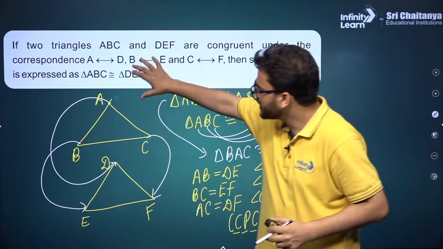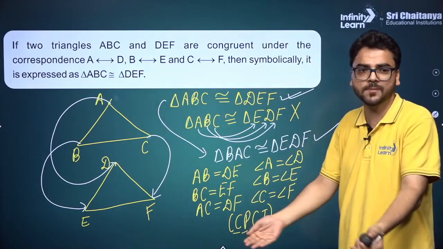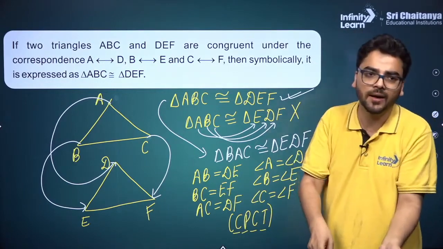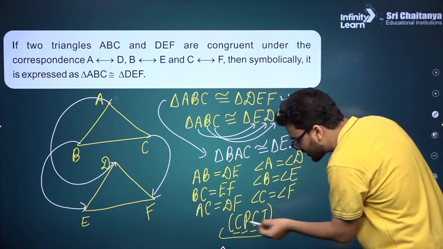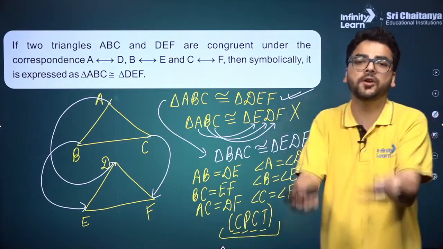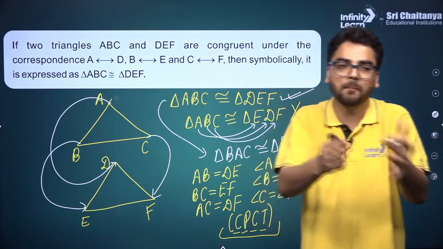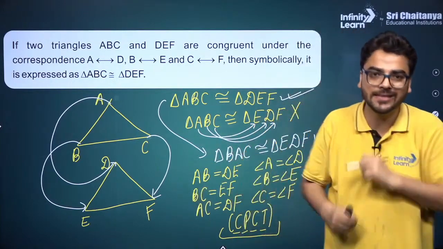If two triangles are given to be congruent, then corresponding parts of those two triangles, 6 parts, 3 pairs of sides and 3 pairs of angles, will be equal. And we write in short as CPCT, corresponding parts of congruent triangles. And if in two triangles, 6 pairs of corresponding parts are equal, then the triangles will be congruent. So in both ways it is true.